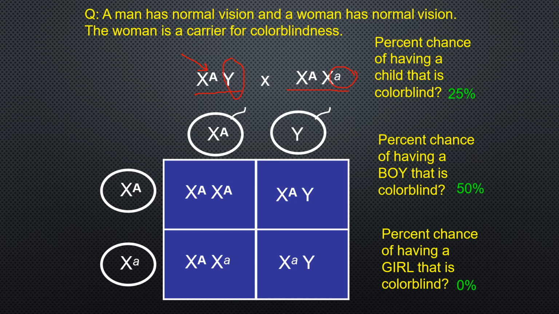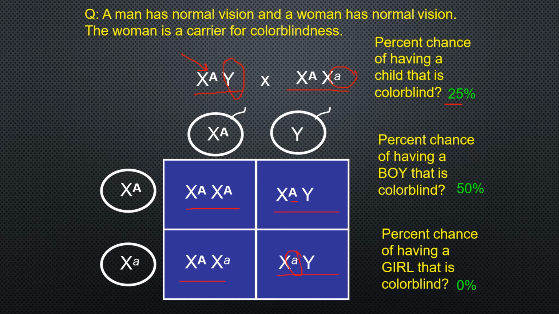So when we do the Punnett square for their offspring, here we have a woman with no color blindness, another woman with no color blindness, a man with no color blindness, and a man with color blindness. So our percentages then mean that we have a 25% chance of having a child that is colorblind, right?